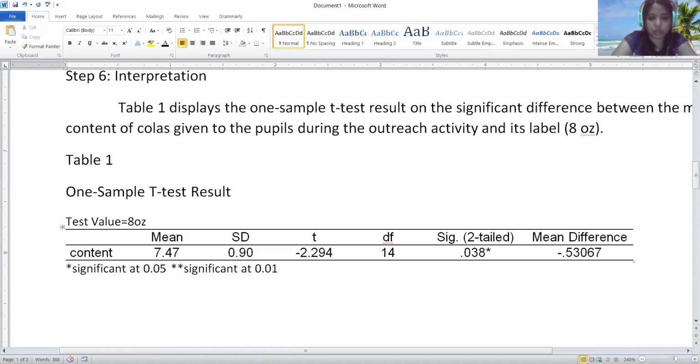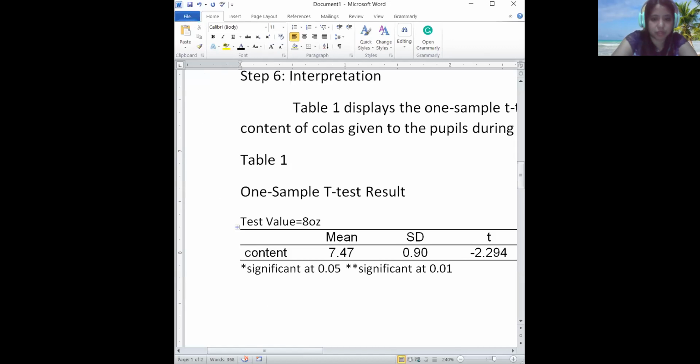So 0.89. So going back to our table, so these are the values, 7.47. So we just copied it here, 0.90. So we round off our values into 2 decimal places.